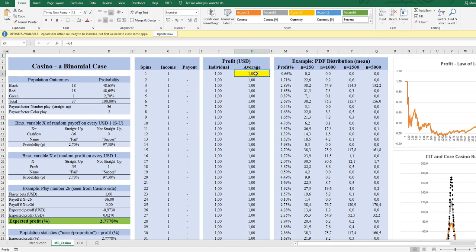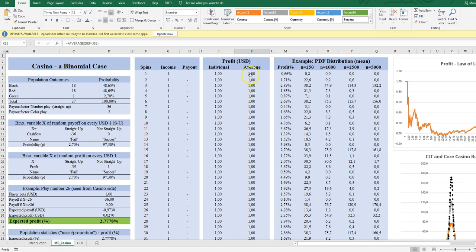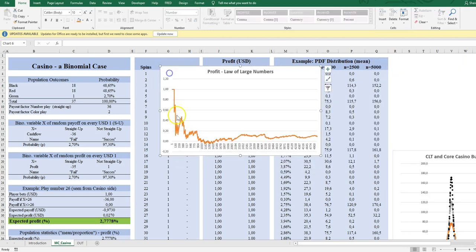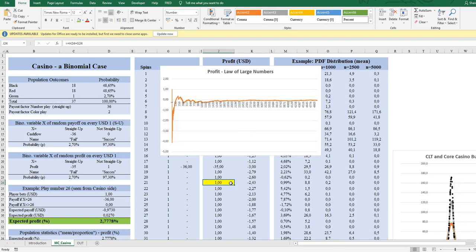And if we do that and we calculate the average rolling over 5,000 spins, you will see a feature here, which is what we call the law of large numbers.